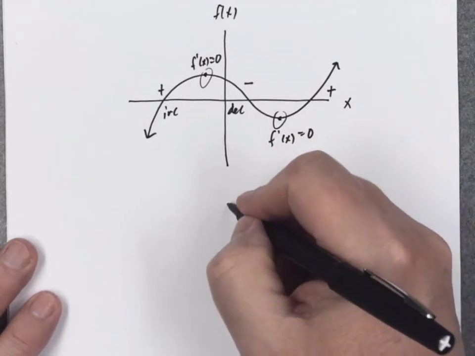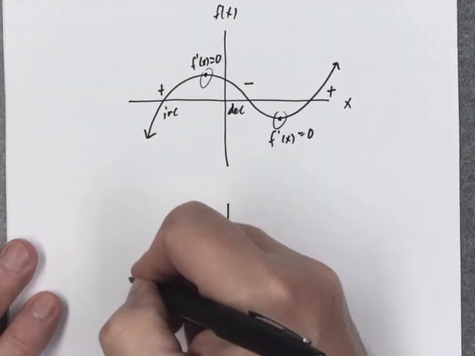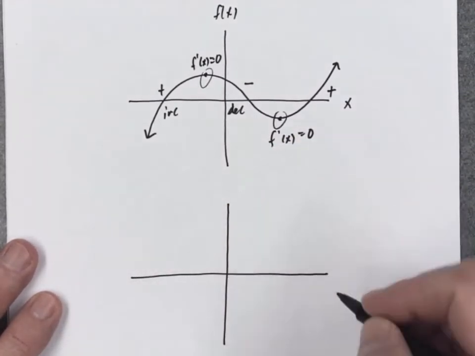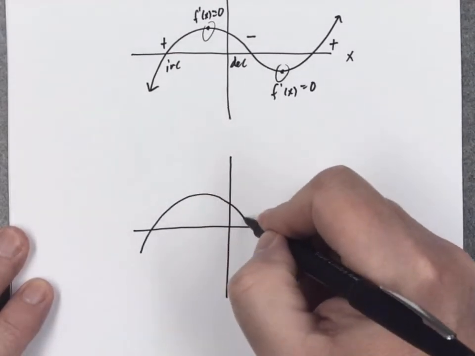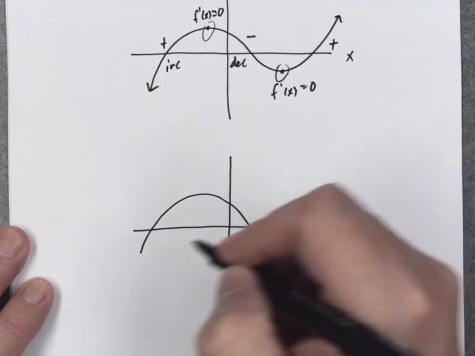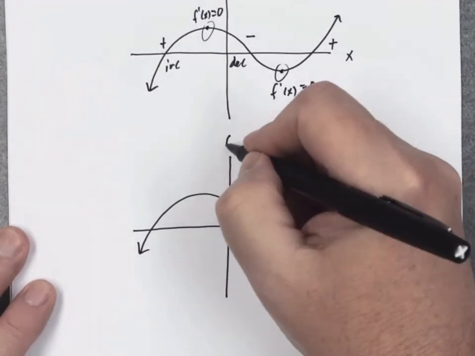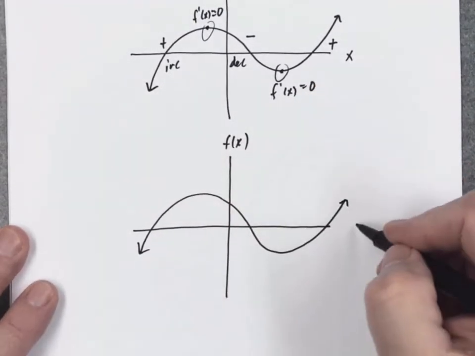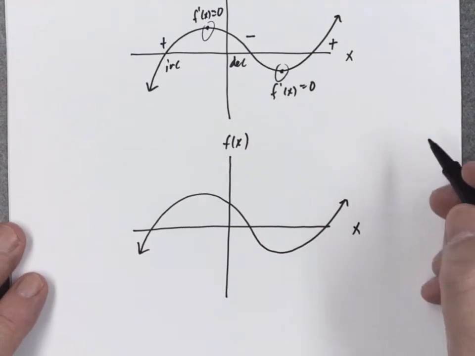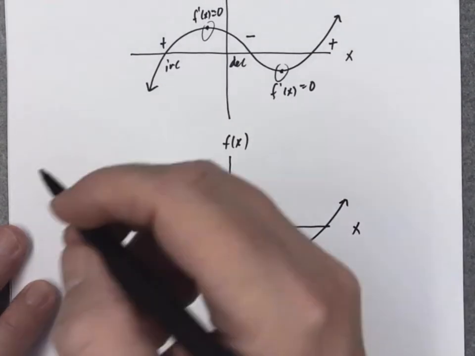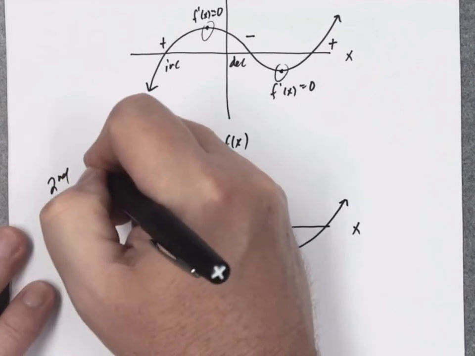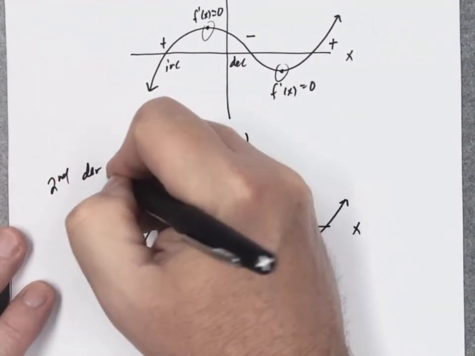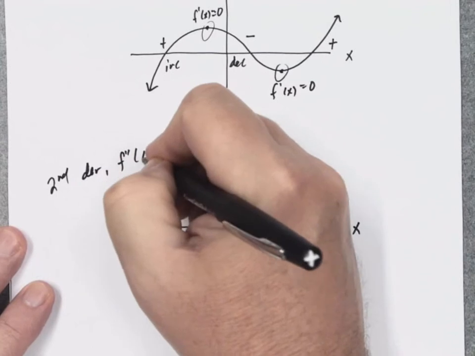Matter of fact, let me draw the same graph and explain what the second derivative helps us to find. So if I draw a similar kind of looking graph, here's my function. The second derivative, of course, we designate f double prime of x.